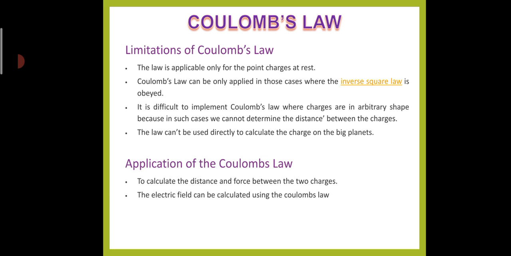Similarly, the force on Q1 is F1 equal to Q1 into Q2 divided by 4 pi epsilon 0 R21 square into A21. Since A12 equal to minus A21, we can write F1 equal to minus F2. The unit of force is Newton.